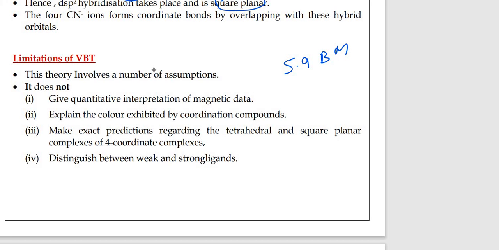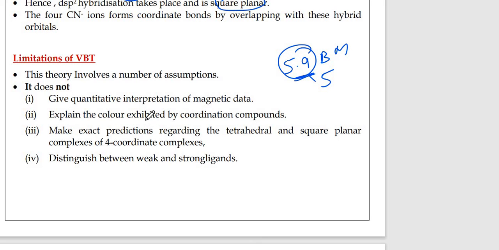Here the coordination number is 4 and it can be tetrahedral or square planar. But if you see the magnetic moment 5.9, this gives an idea that it has 5 unpaired electrons. So here it just told whether it is paramagnetic or diamagnetic, but did not give the quantitative interpretation.